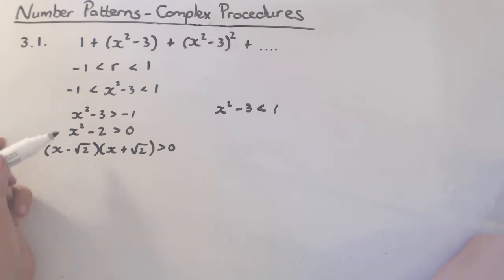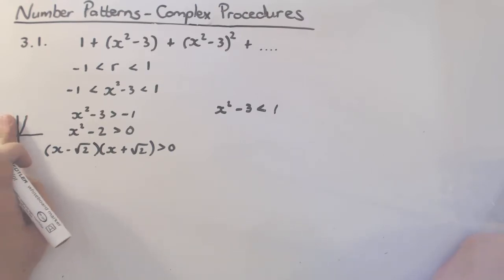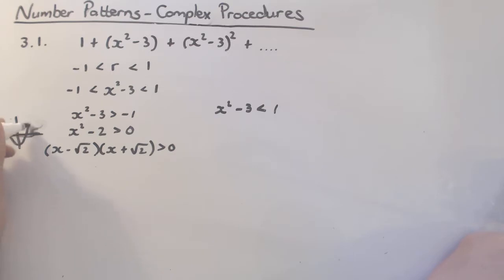This is a parabola, which looks like this. So bigger than 0. Actually not like that exactly, sorry. Which looks like this. Bigger than 0 will be that bit and that bit.